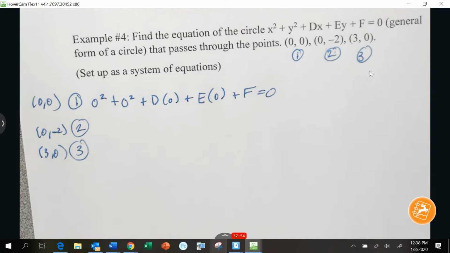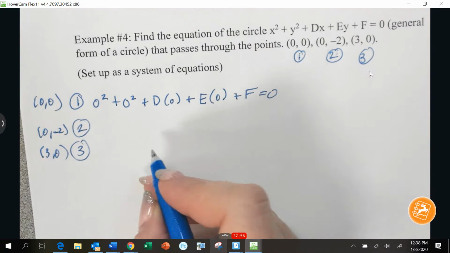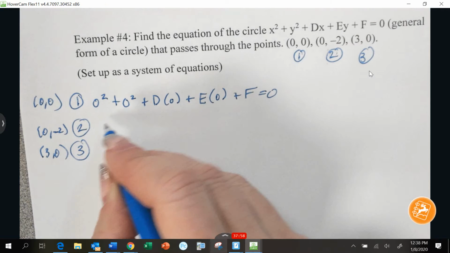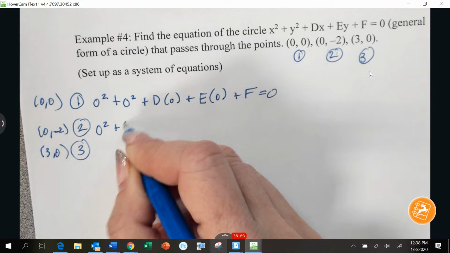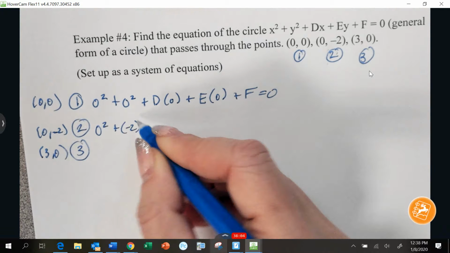So I'm plugging in my x and y for 0, 0. This one's got to be way too easy. Okay, then I'll plug in 0, negative 2 for y.